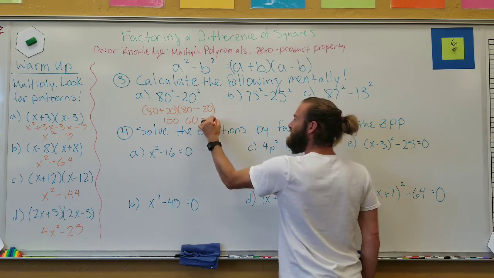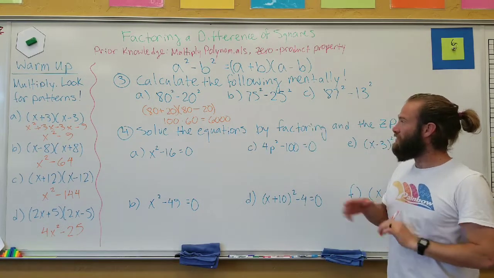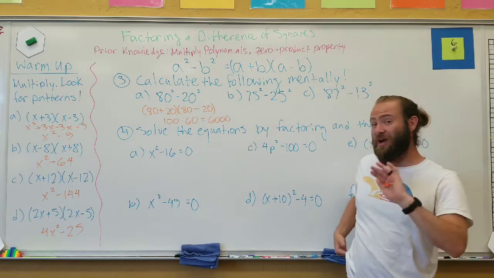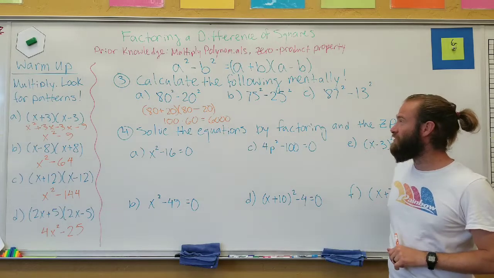100 times 60 is 6,000. So now what I want you to do is try to tackle B and C in your head without actually writing anything down and see if you get it correct. I'm going to do it right now too.